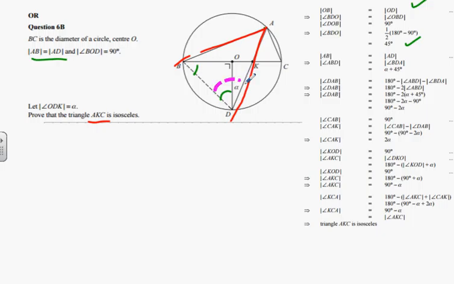It means the two pink ones have to be the same as well, because they're about the same angle, okay? So that means that the angle ABD equals BDA, which is just alpha. We don't know this value here, but we know that one there also has to be an alpha because they're equal to each other, and the other part was 45 degrees. So that gets you that far down the question, okay?